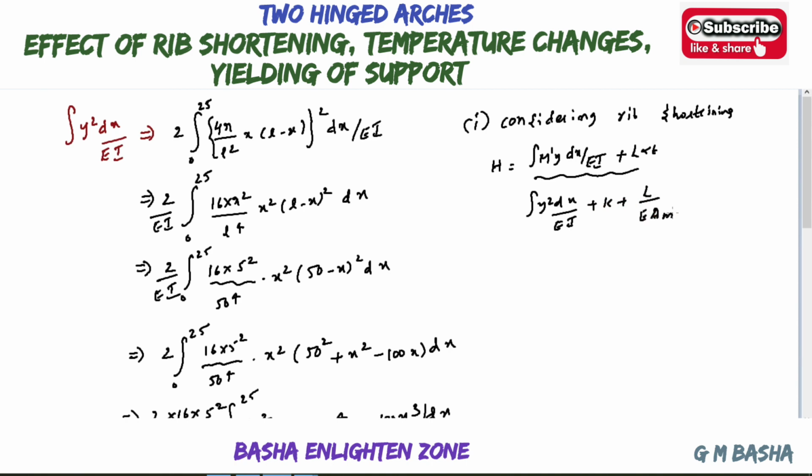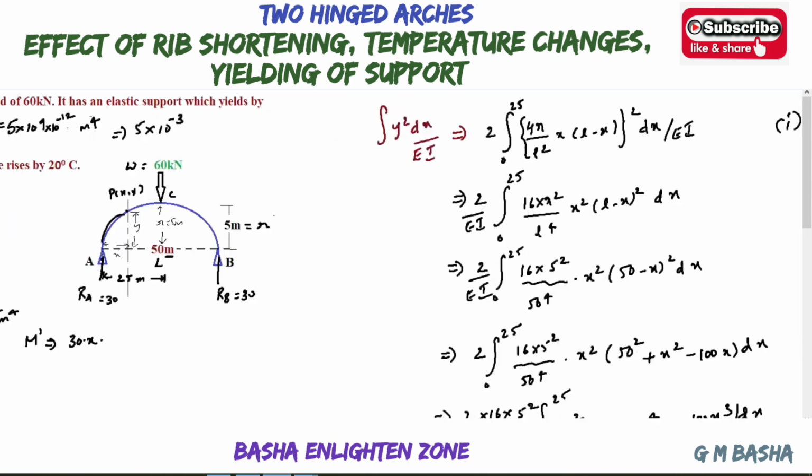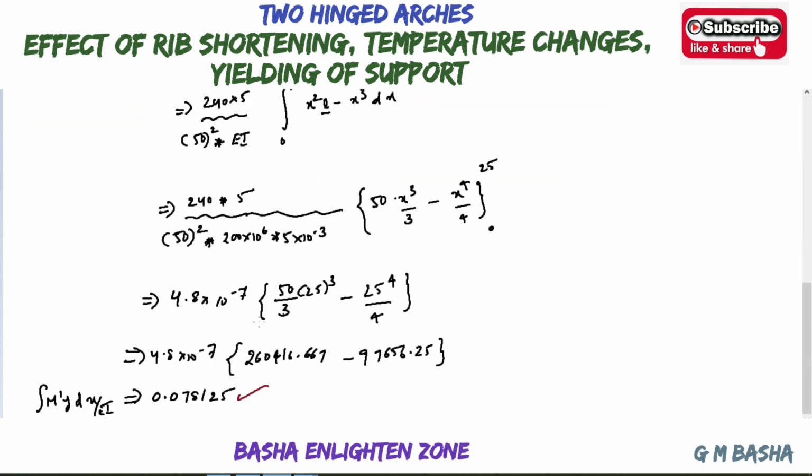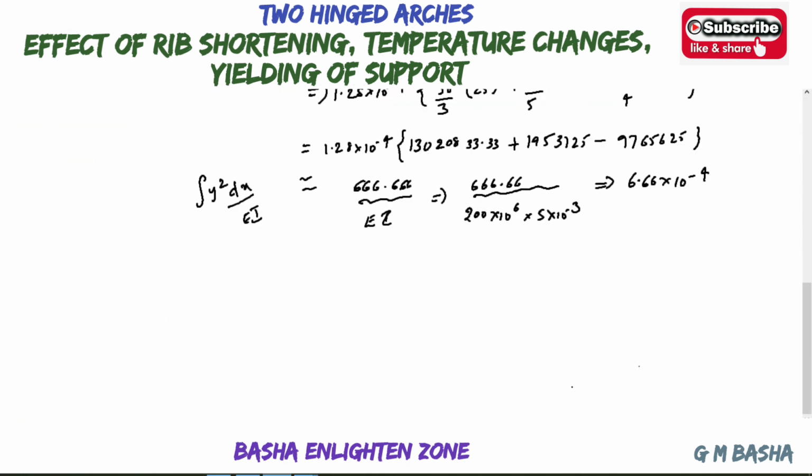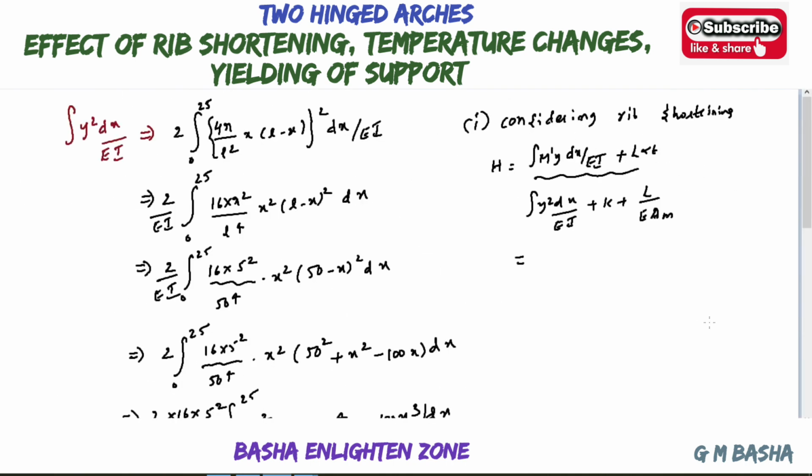So all the values will be there. Just substitute the values one by one and you will see the result. We already simplified: integral of m dash y dx by EI is 0.078125, and integral of y square dx by EI is 6.66 into 10 to the power of minus 4.